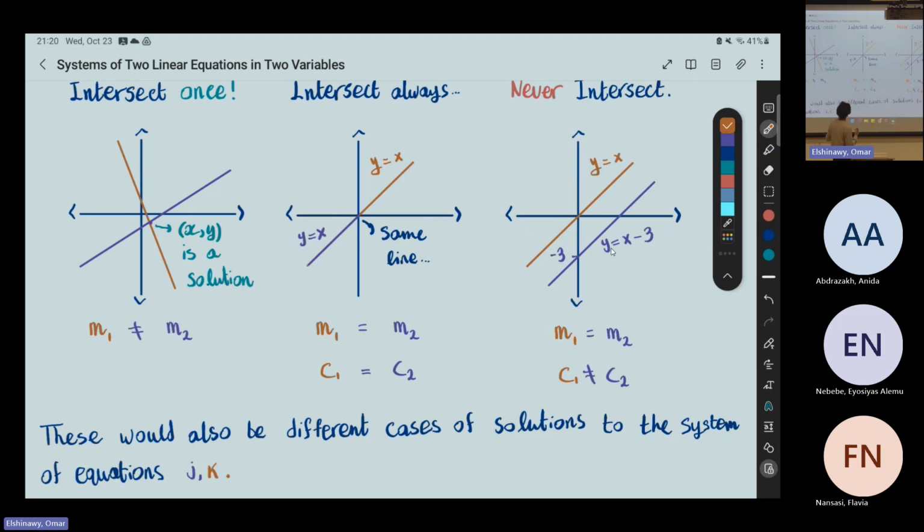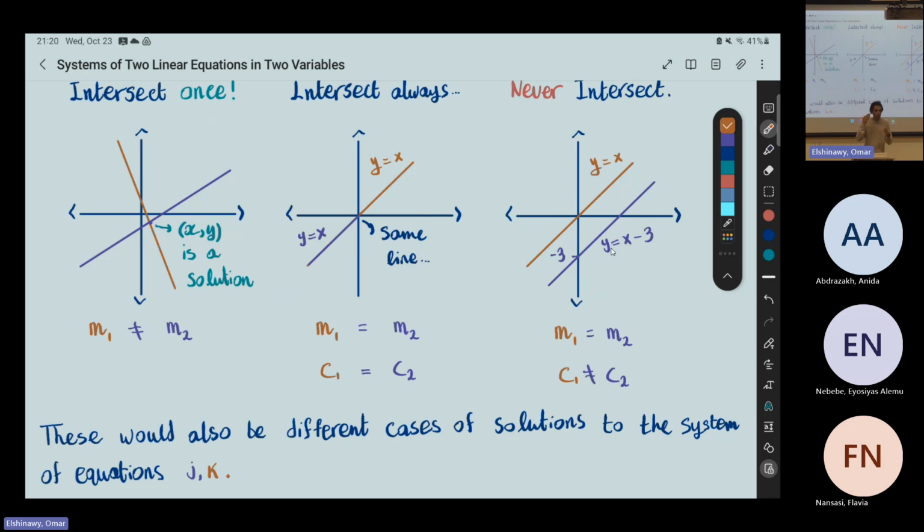When we look at the intersections, there's one intersection, which means there's one instance where x and y match. And since these two equations are in x and y, then there's one x and one y, which satisfies both of these equations. So conceptually, this is why intersecting of lines means x and y, which satisfy both equations simultaneously.